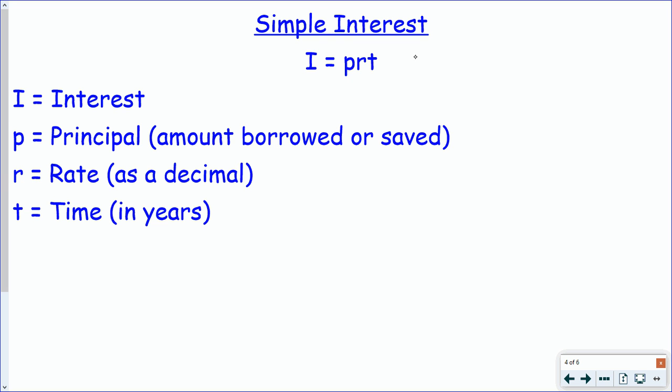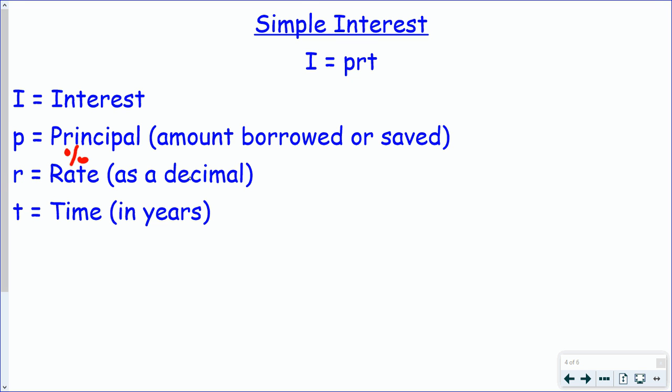So this is the formula. The I stands for interest. The P stands for what's called principal, and that's the amount that you borrow or the amount that you save. The R is the rate. It's the interest rate. And this is going to be a percent. The rate is a percent. And to use it in this formula, you have to put it in as a decimal.